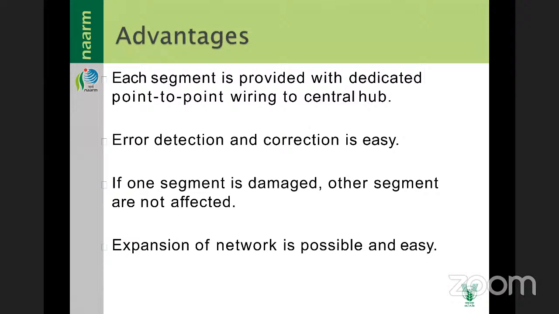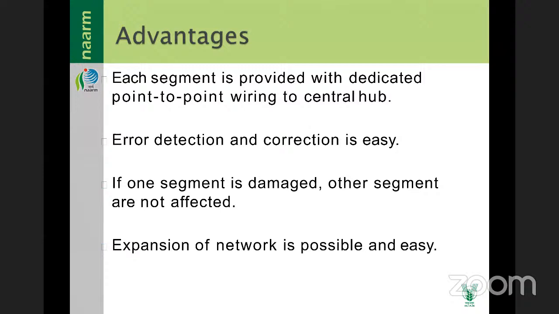Here each segment is provided with dedicated point-to-point wiring. Dedicated point-to-point wiring is required for each computer to the central hub. Error detection and correction is easy. Suppose somewhere there is an error or mistake in the network, then it is easy to handle.